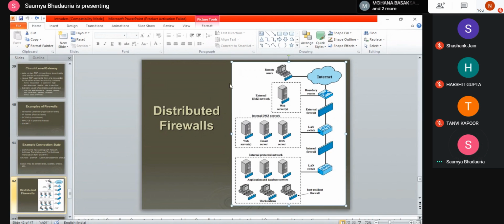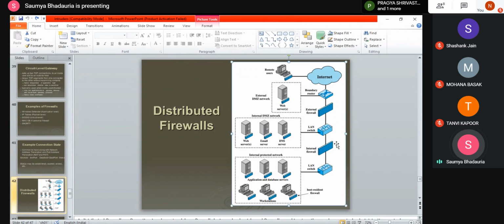Systems that are externally accessible but need some protection are usually located in this DMZ network. Therefore, the systems which host the corporate websites, email servers, and DNS servers would be placed in this set.